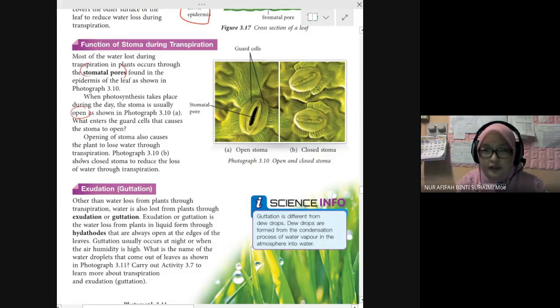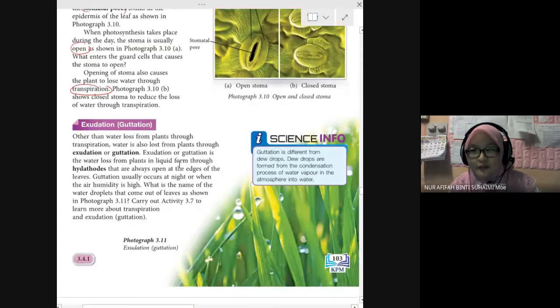So the transpiration process occurs when the stoma open and evaporation takes place. Transpiration is the water loss in the form of water vapor through the evaporation process, through open stoma.